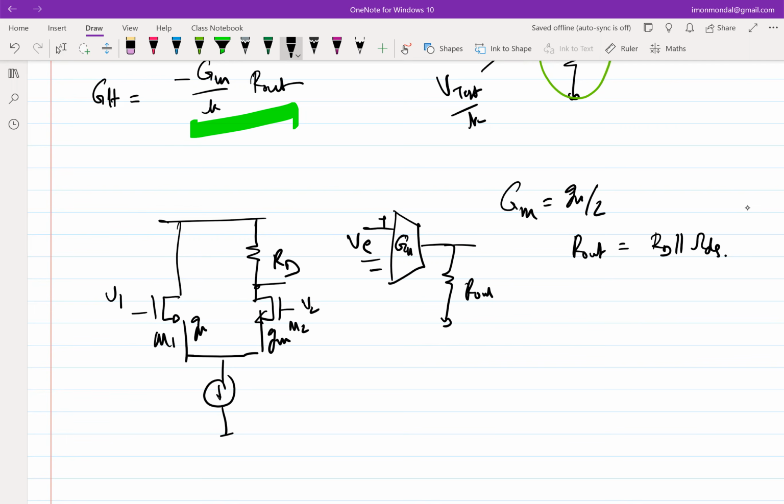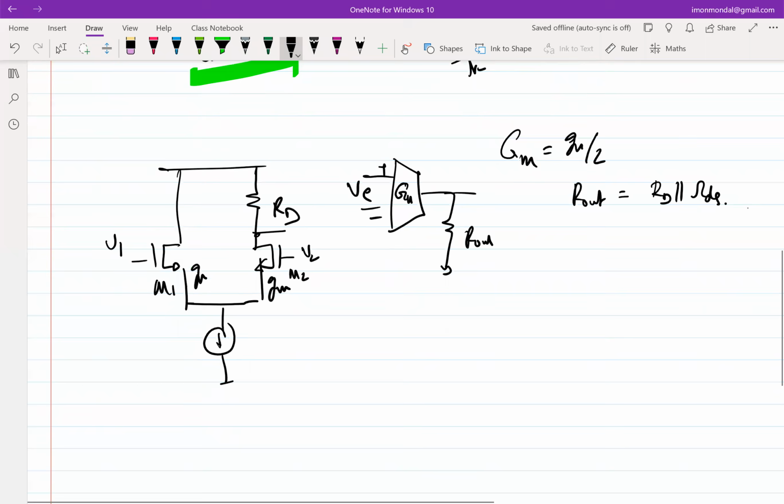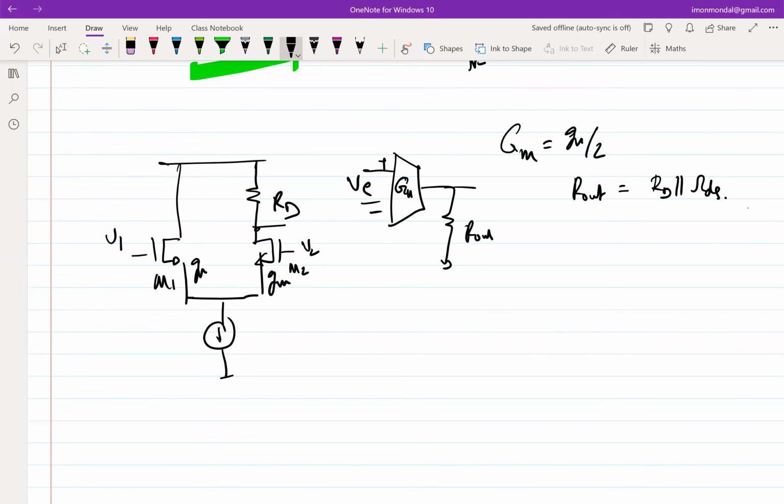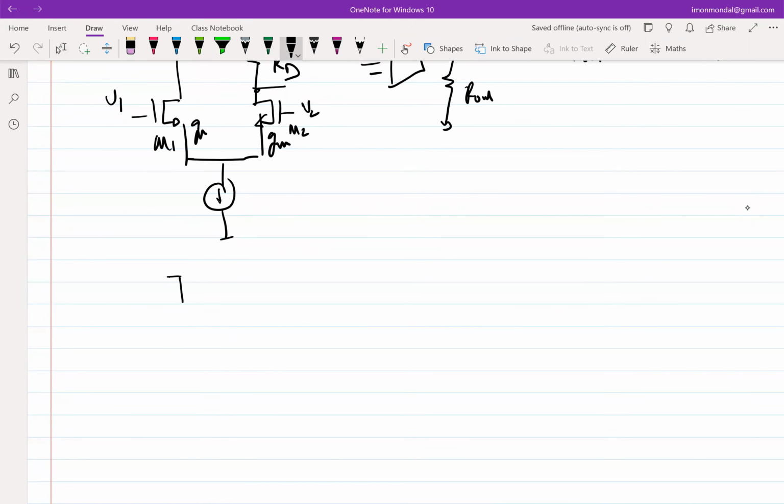Now, this expression is similar to our case of common source amplifier, with a flip of sign, of course.